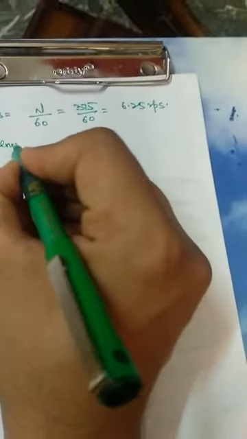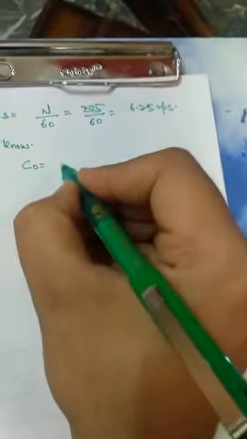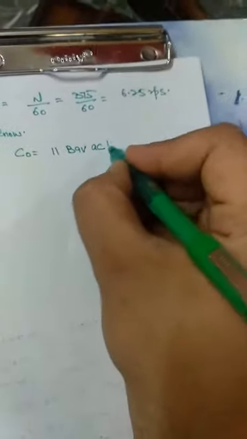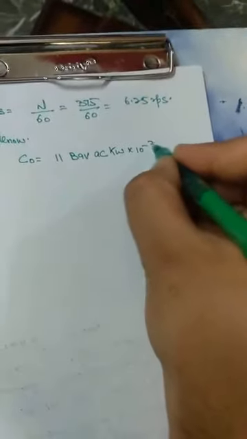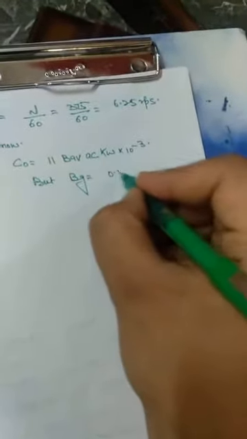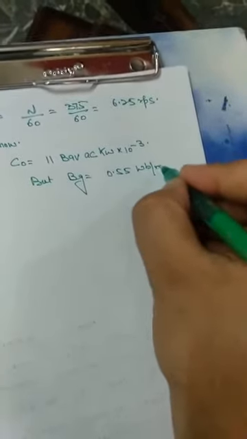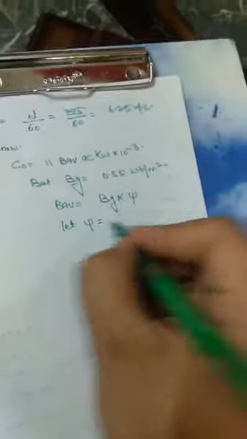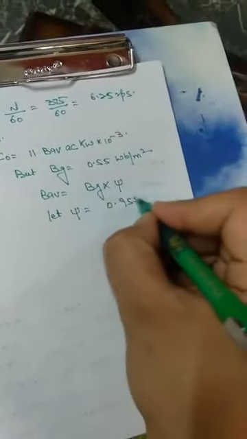Now as per the output equation, C naught equals 11 into Bav into AC into kW into 10 to the power minus 3. We are given Bg equals 0.55 Weber per meter square, so Bav equals Bg into psi. Let psi equal 0.955.